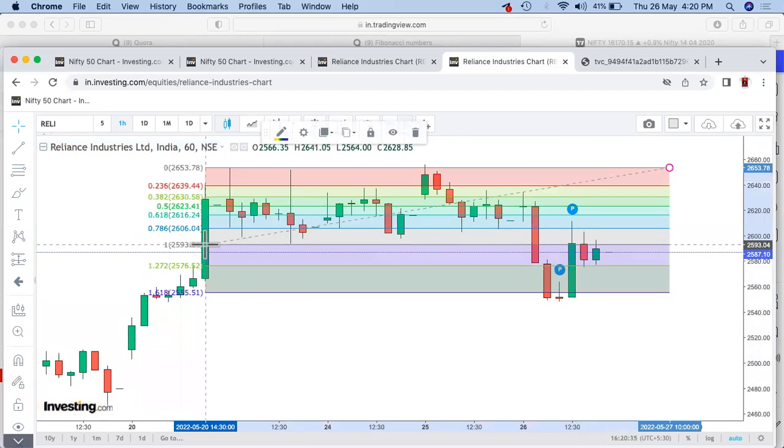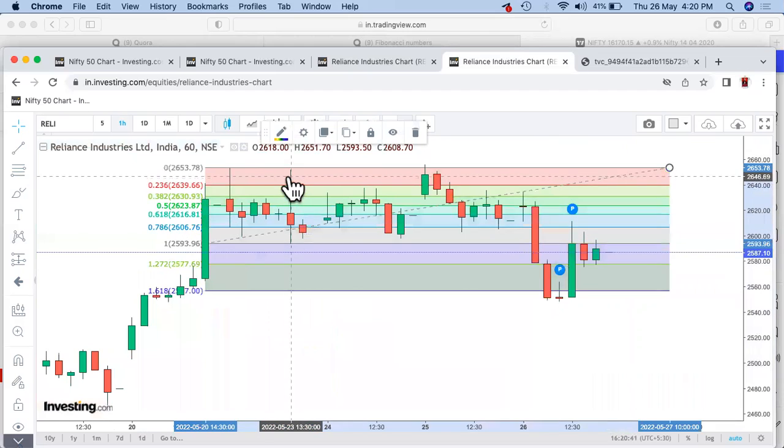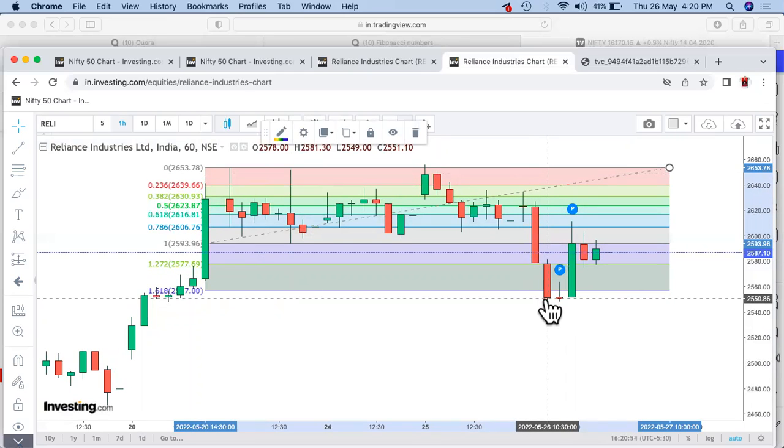So this was my high, and from this high it came to a low. Again, what happened is I got my first resistance, it went up, I got my second resistance, and after that the market started moving down. It took a support somewhere around the 0.76 level, and started moving up. From here, today we saw a deep down part, right?